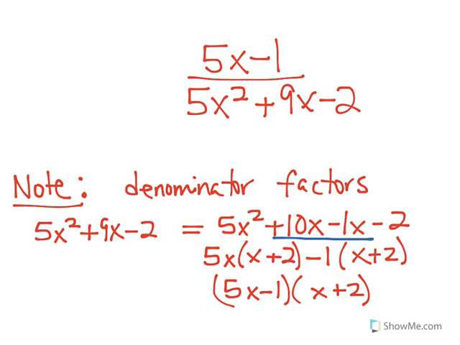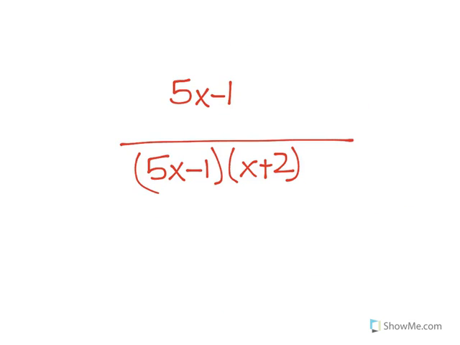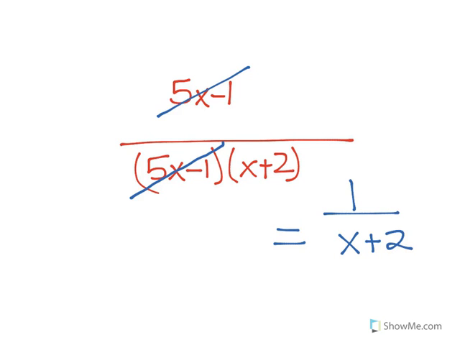And so then that factors into 5x minus 1 times the quantity x plus 2. So we're going to go ahead and put our factored denominator. And what we see now is the numerator that we found can cancel with one of the factors of our denominator. And so our simplest answer for that difference is 1 over x plus 2.